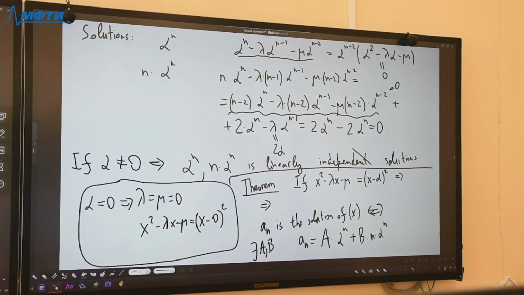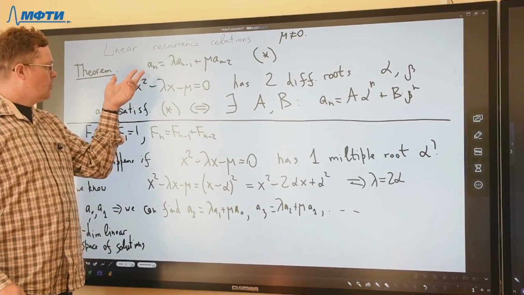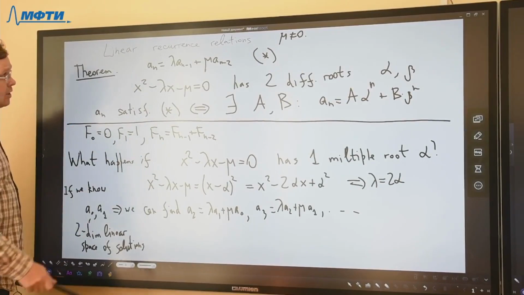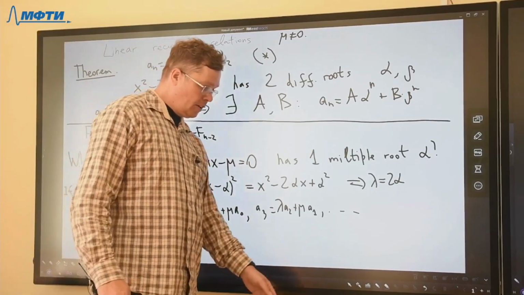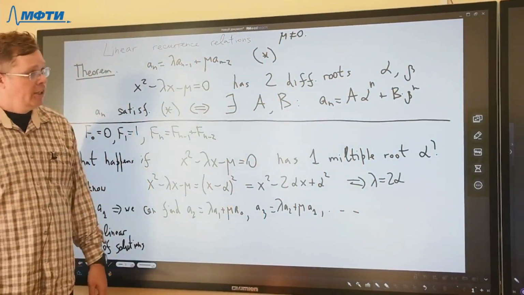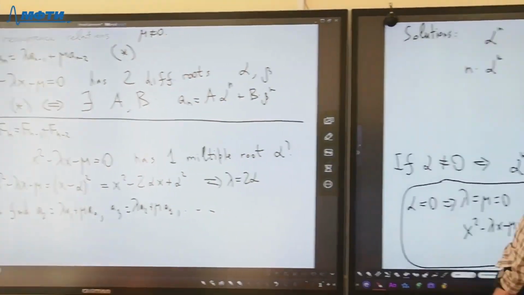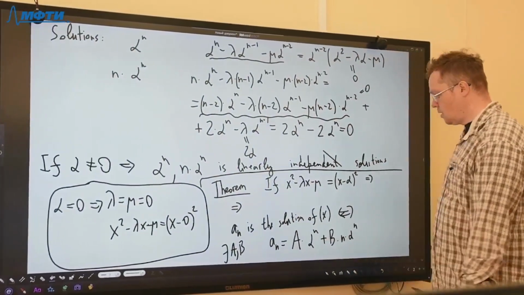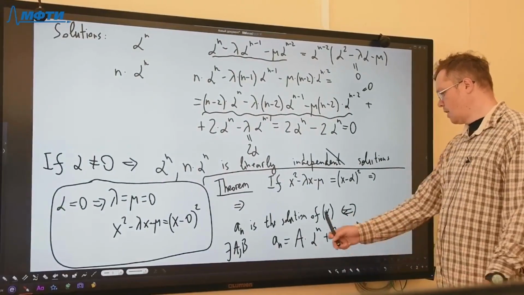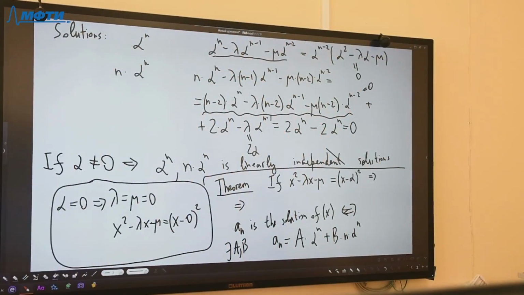I already checked in the previous lecture that if I multiply some sequence by a constant, or take the sum of two sequences satisfying this recurrence relation, then we have a new solution. So all we need to check is that if an is the solution of star, then an can be described as a linear combination of alpha to the nth power and n times alpha to the nth power.